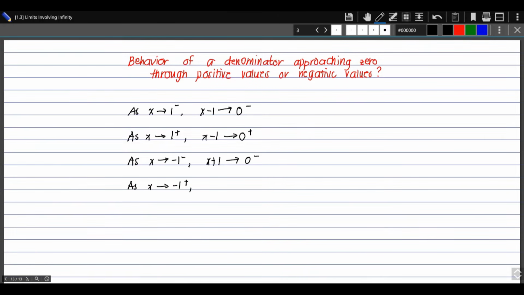And lastly, as x goes to negative 1 from the right, x plus 1 goes to 0 through positive values, since the values to the right of negative 1 are negative 0.9, negative 0.99, and so on. If we add 1, we get a very small positive value close to 0. So this is just a reminder to please be careful with your signs when evaluating limits.